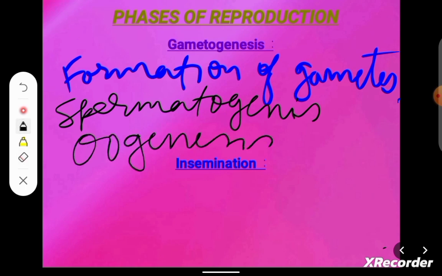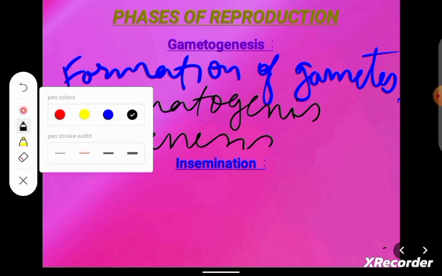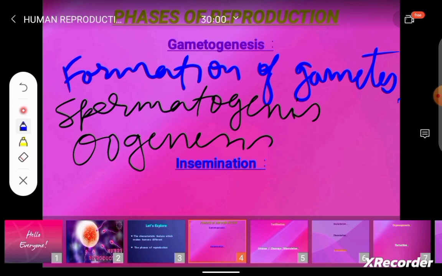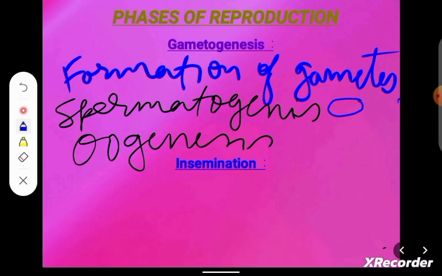Spermatogenesis means the formation of sperms, and oogenesis means the formation of ovums. Spermatogenesis occurs in males and oogenesis occurs in females. We have seen the first phase, gametogenesis.